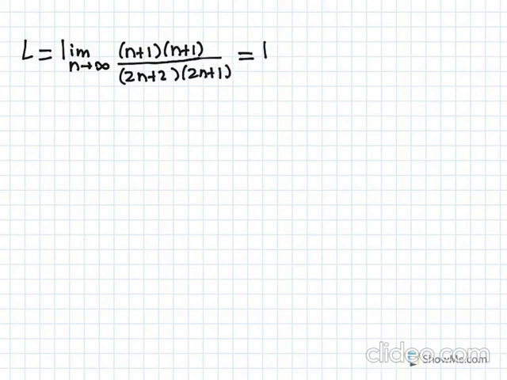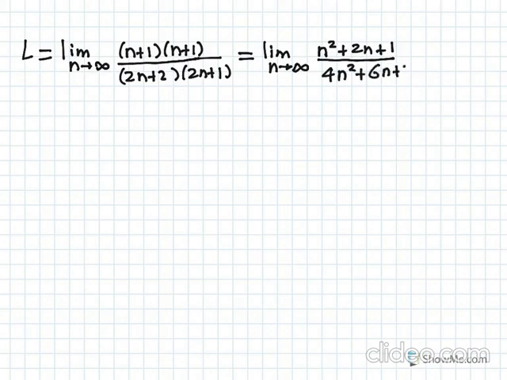This is equal to the limit as n approaches infinity. (n plus 1) times (n plus 1), multiplying it all out, we get n squared plus 2n plus 1. And in the denominator, we have (2n plus 2) times (2n plus 1), multiplying it all out, we get 4n squared plus 6n plus 2.